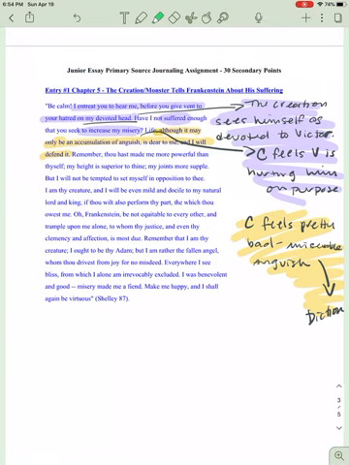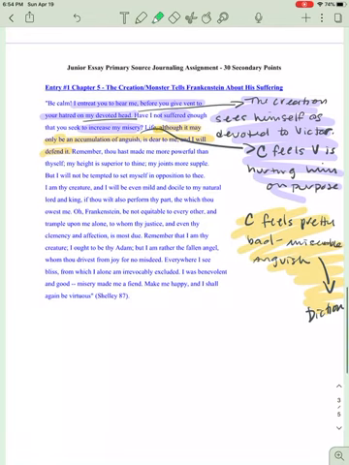Okay. Remember, thou hast made me more powerful than thyself, my height superior, my joints more supple. Now this is interesting. Okay, but I will not be tempted to set myself in opposition to thee. Okay. Now here, this is interesting because the monster, or the creation, I keep calling it the monster.